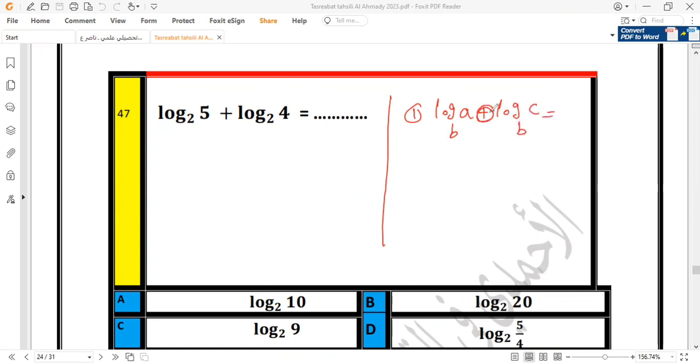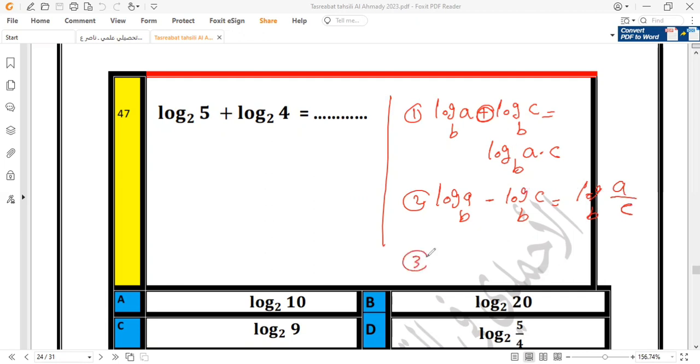Addition we convert to multiplication: a times c. Subtraction we convert to division: a over c.